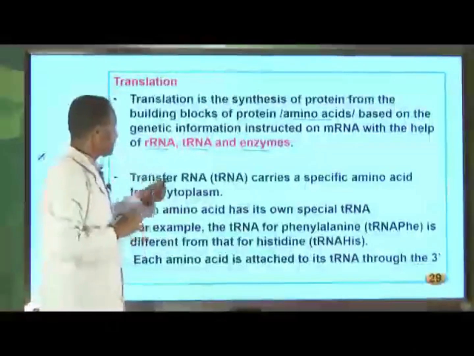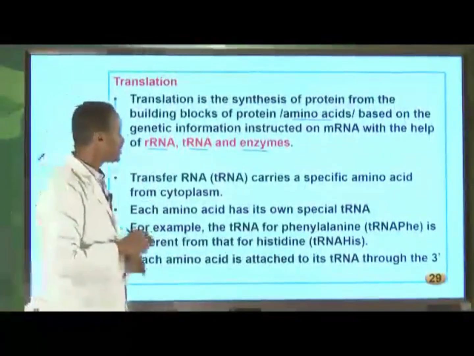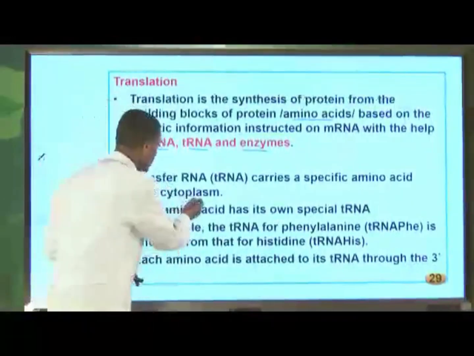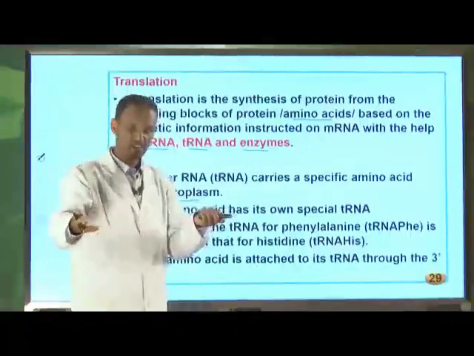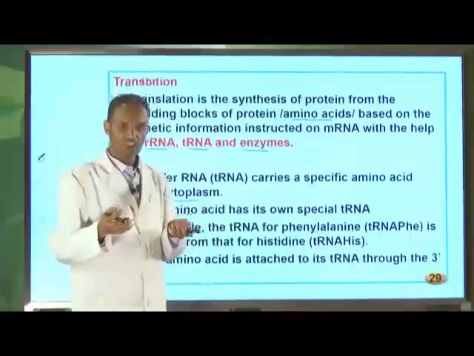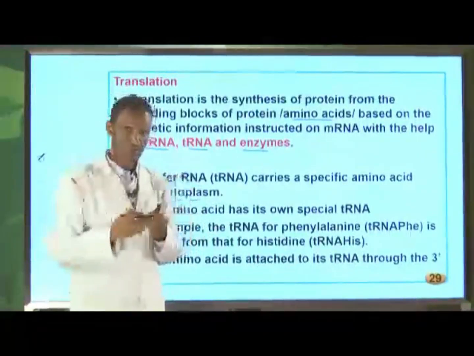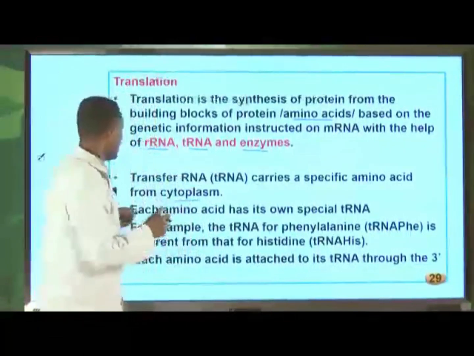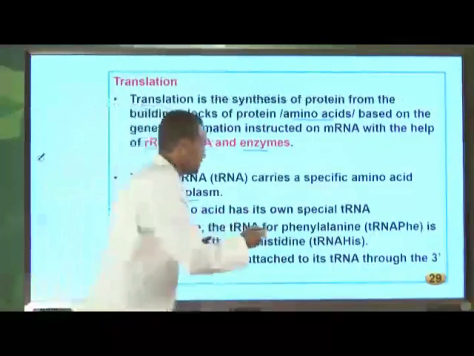Here, the transfer RNA carries a specific amino acid from the cytoplasm. One of the functions of transfer RNA is to carry and transport the amino acid which is required for the process of protein synthesis to the ribosome. Each amino acid has its own special transfer RNA.